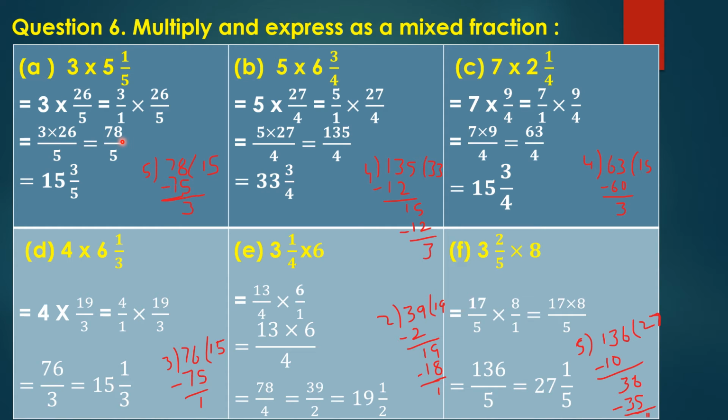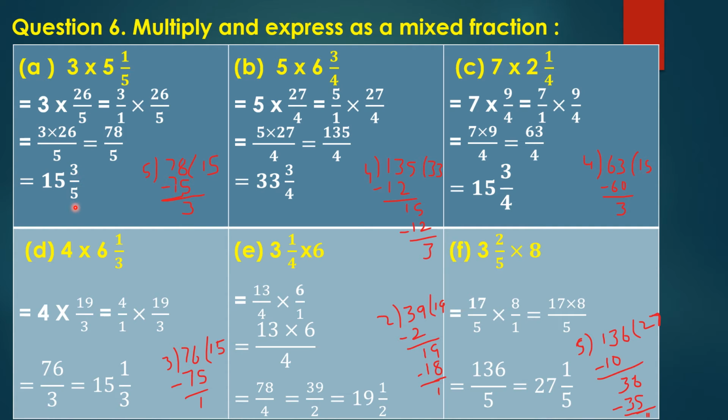Therefore 3 into 26 divided by 5, what is 3 into 26? It is 78 by 5, which can be written as a mixed fraction, because the question is already demanding that we convert the answer into a mixed fraction. Therefore this will become 15 3 by 5, because when we cross multiply 5 into 15, it is 75. 75 plus 3 is 78.